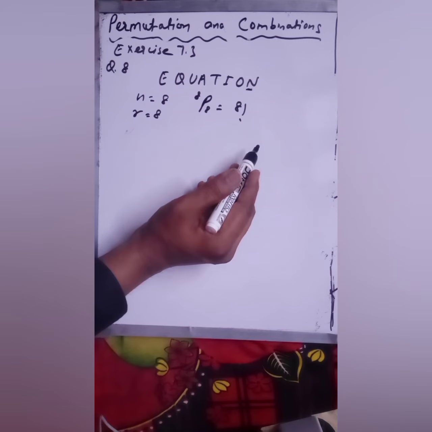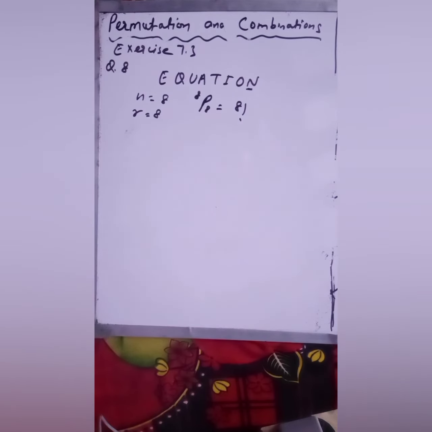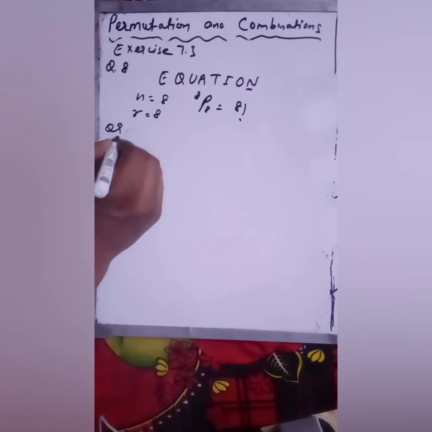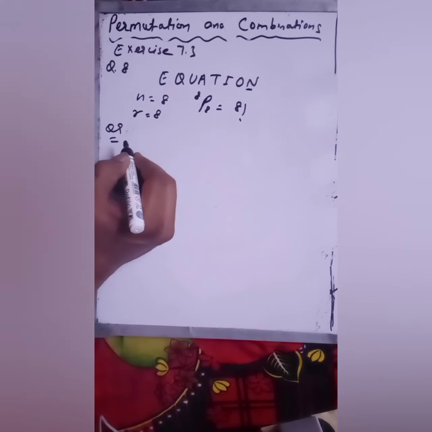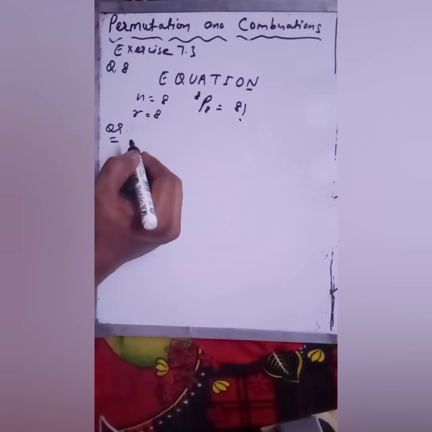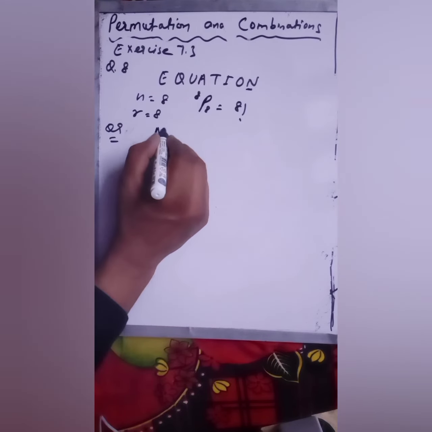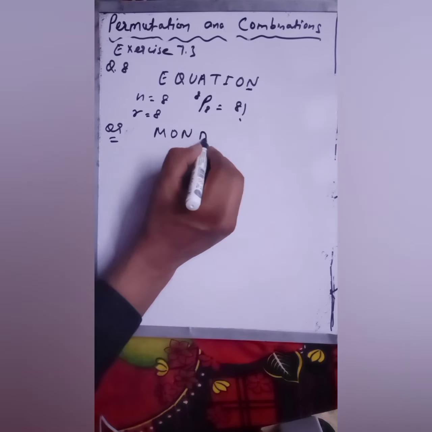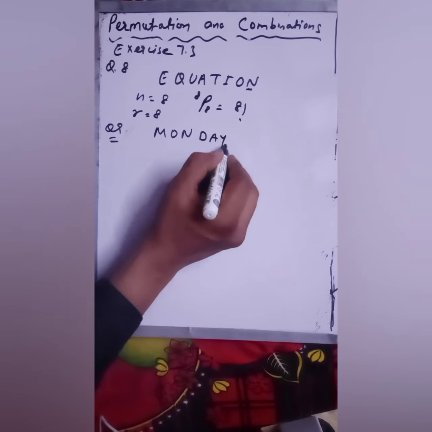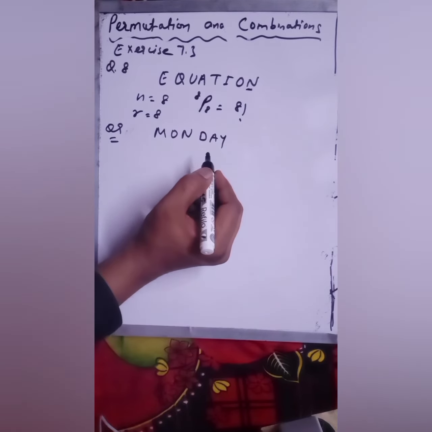Now question number 9. How many words with or without meaning can be made from the letters of the word MONDAY? This word is given to us, Monday, so it has 6 letters.